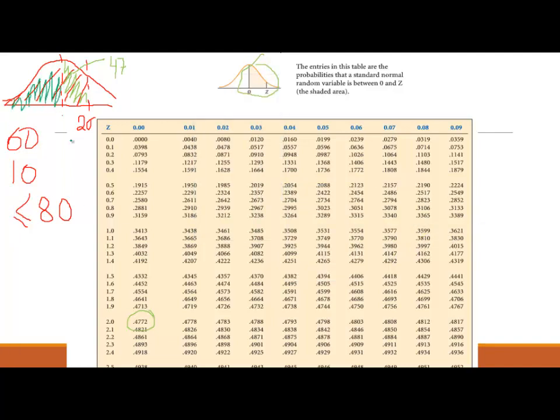Because when I say what percent of the population makes less than $80,000, we also include the people making less than the mean. So what percent of the population is over on this side? The answer to that is easy. That's 50%. Remember, half the population is on one side of the mean, and half the population is on the other side of the mean.